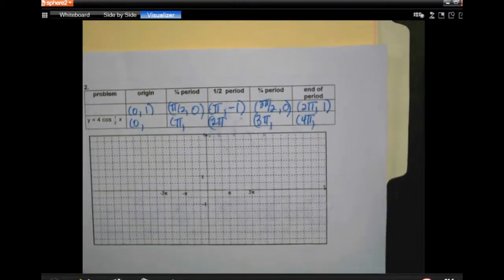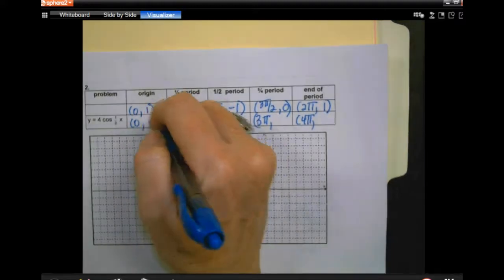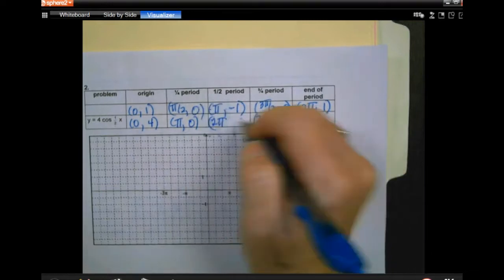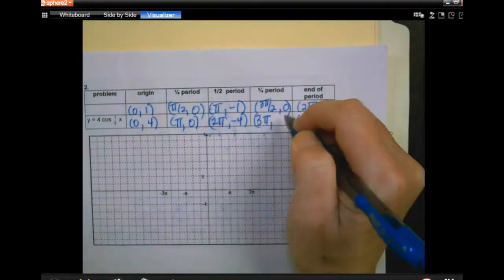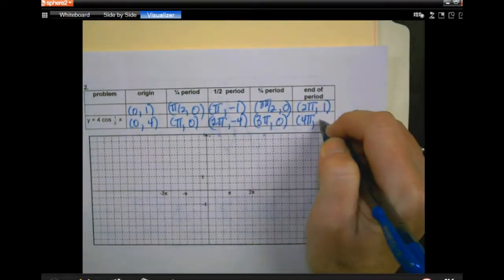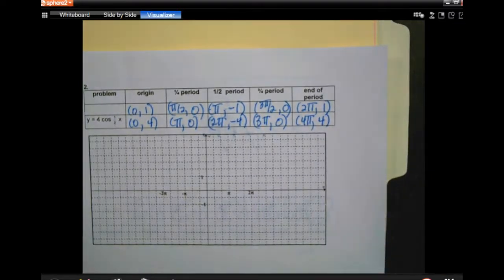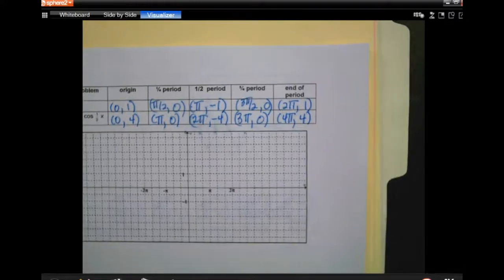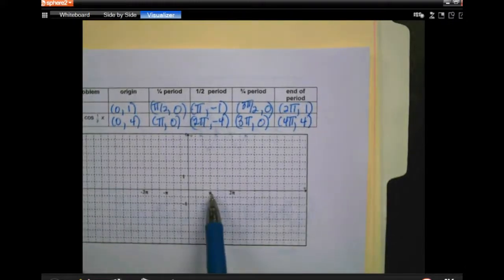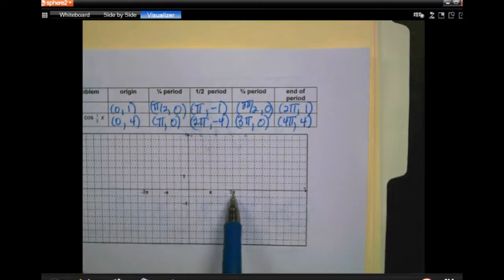Okay, next I'm going to multiply my y's times 4. So I'm going to get 4, 0, negative 4, 0, and positive 4. So if I have pi and 2 pi, what else do I need? And?